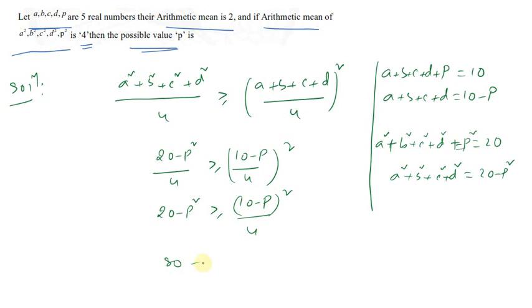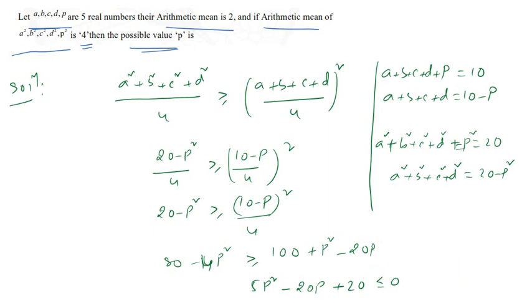So this is nothing but 80 minus 4p square is greater than or equal to 100 plus p square minus 20p. Now you can simplify this one. So this is 5p square minus 20p plus 20 is less than or equal to 0.